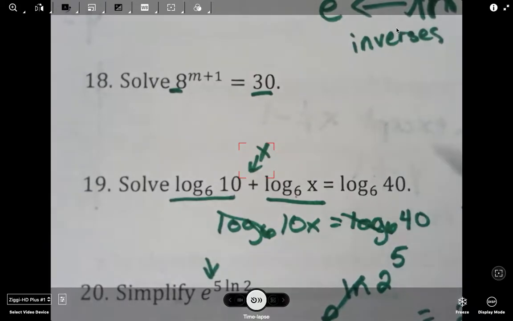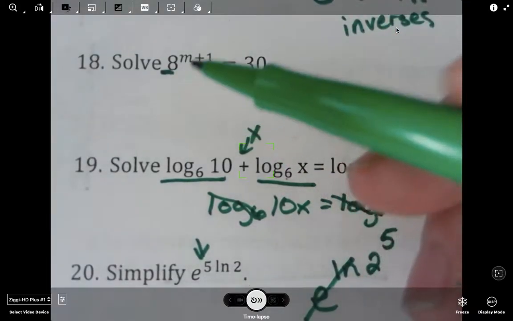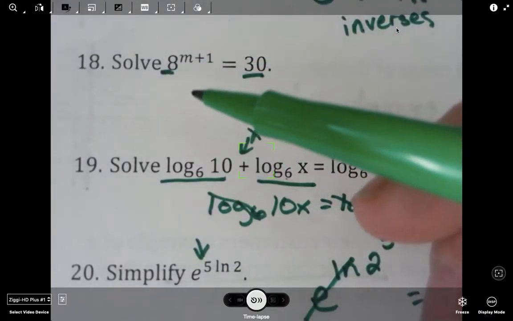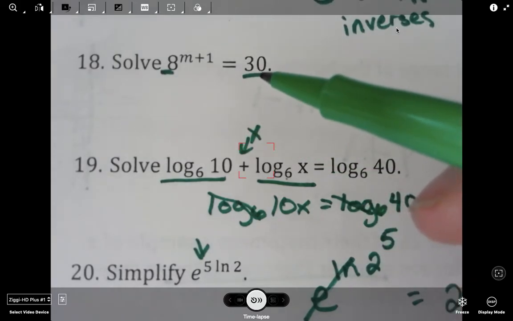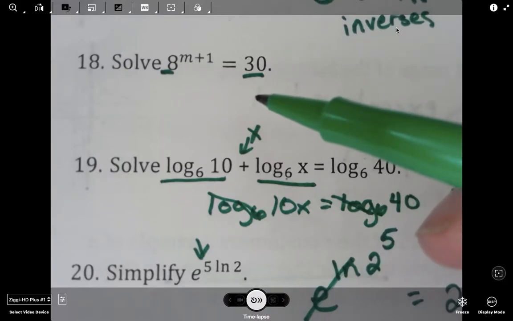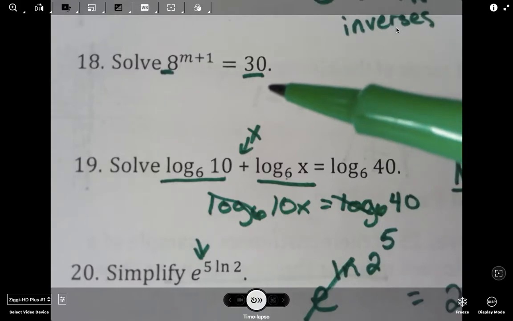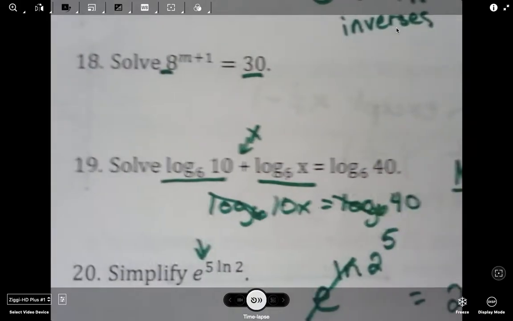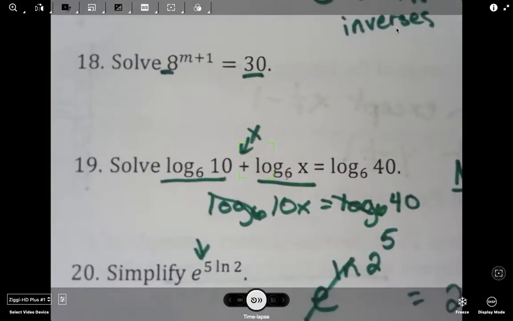Okay? 2 to the 3rd power is 8. How do I get 30? You can't. 2 to the 5th power is 32. It skips right over top of 30. So how do I do it if you can't? You put no solution.